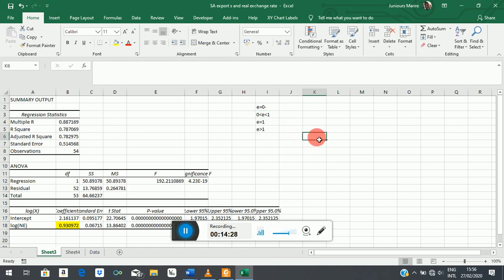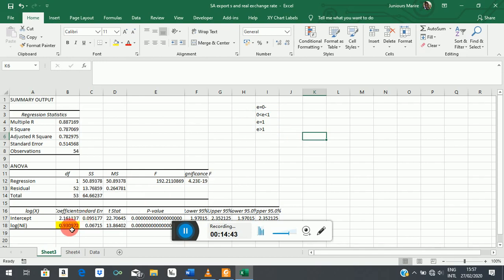So the first one there is a perfectly inelastic relationship. Here it's relatively inelastic. This is unit elasticity. This is relatively elastic.